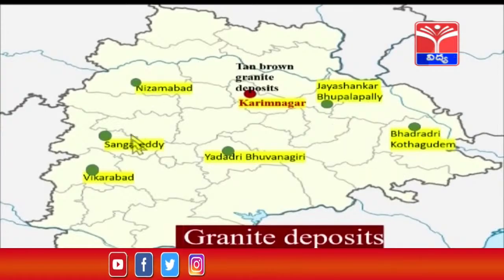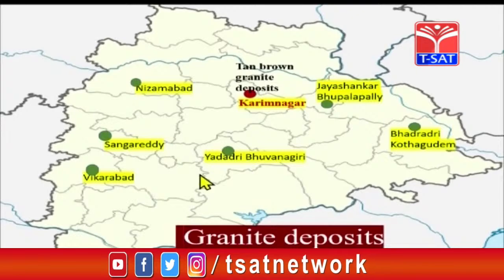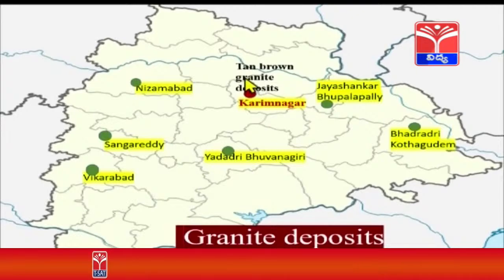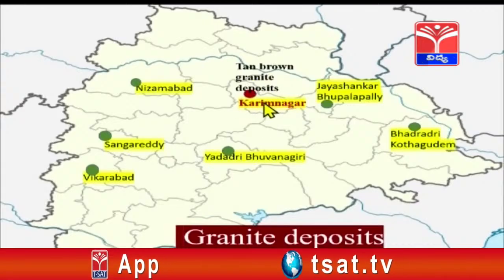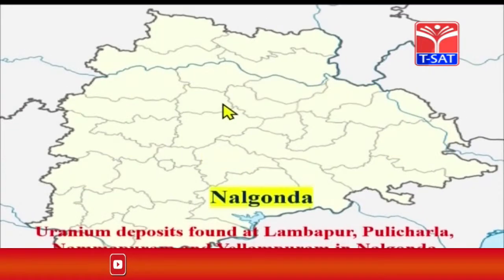In all these places the granite deposits are there, but more specially in Karimnagar district the tan brown granite deposits are more famous, and they are even being exported to other countries also.